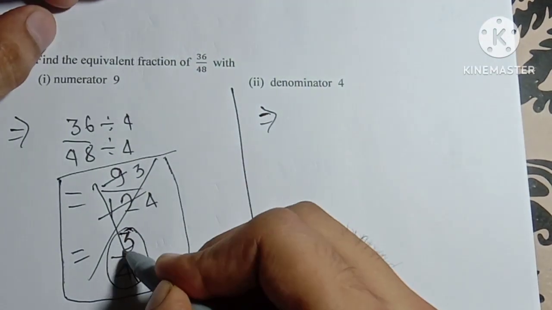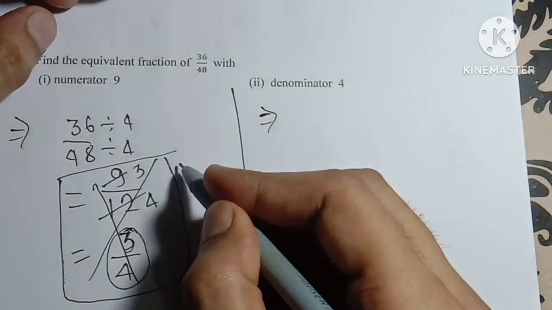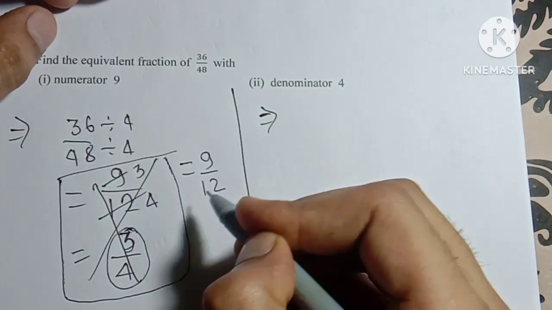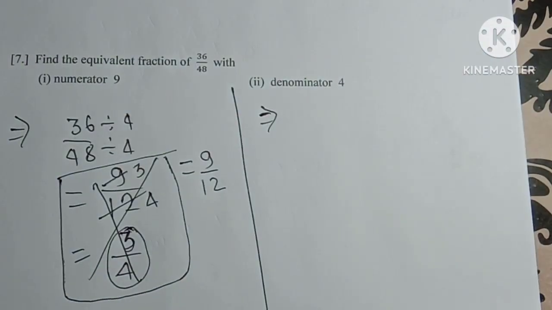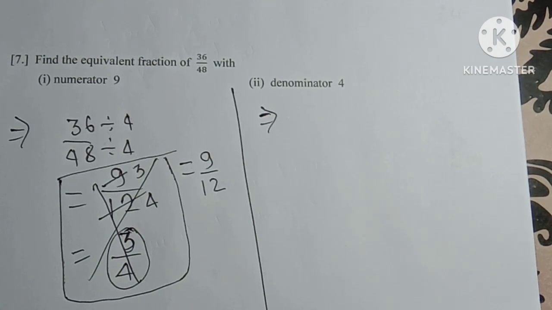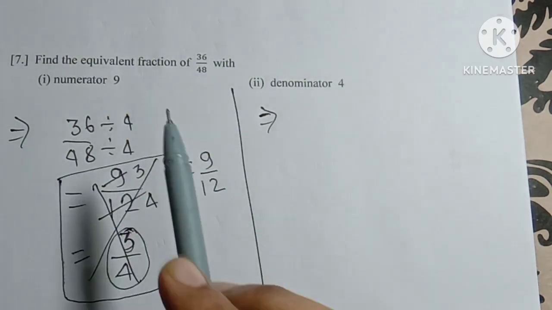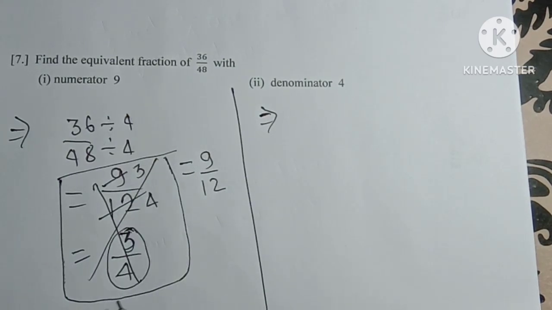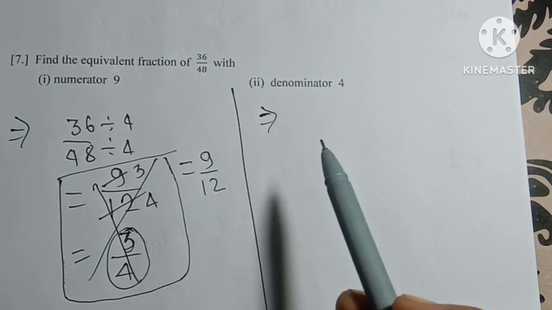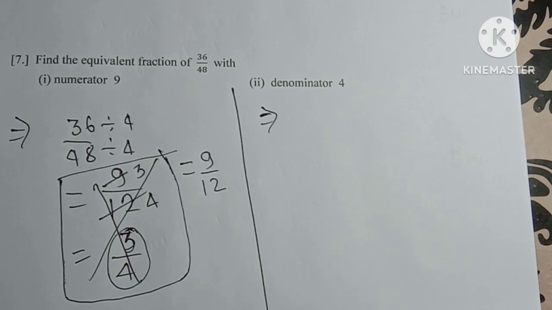If you give 3 by 4, it does not comply with the given condition and your sir will cut the marks. So you only have to write 9 by 12 and not simplify it further. Whenever the condition is given on the numerator or denominator or both, you must take very important care that you will not further simplify after getting the condition satisfied. I have done this mistake to show you that you can also make this mistake.